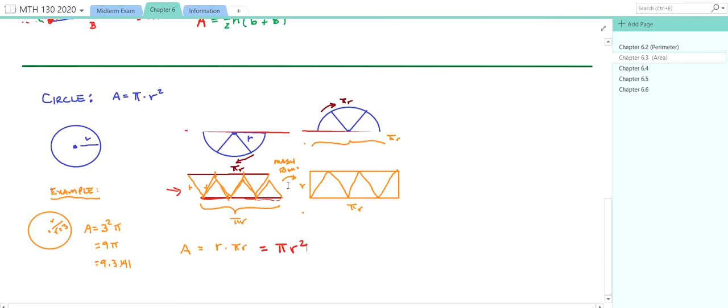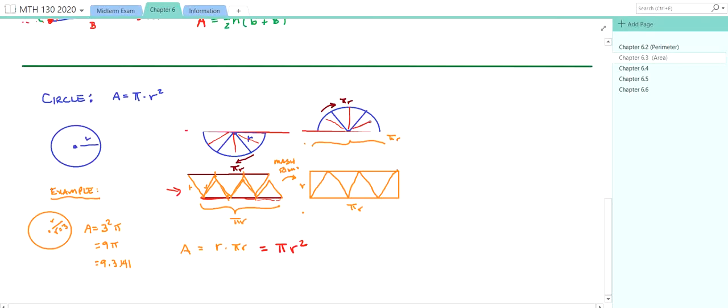Another way to think about this, if you think that that's kind of hokey and cheating a little bit to mash this up into a rectangle like I did, is that you could section this off into tinier and tinier and tinier pieces.